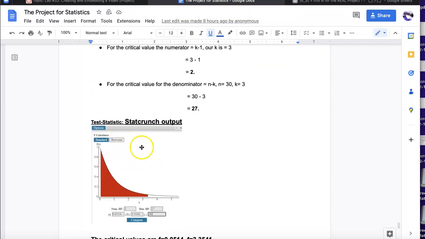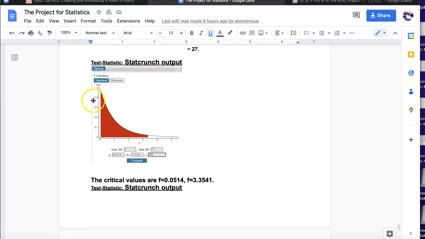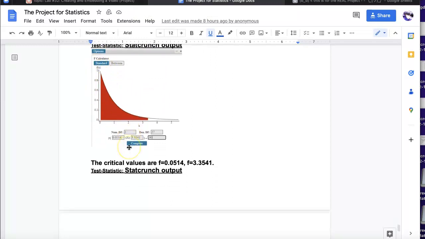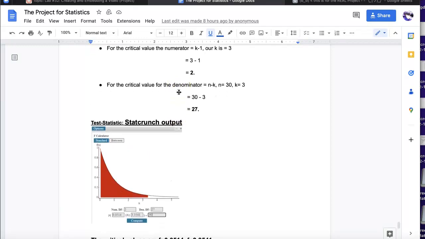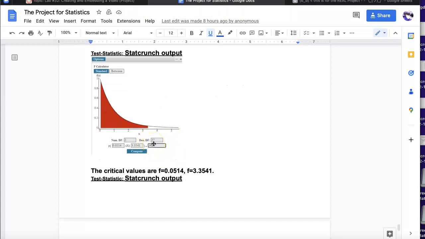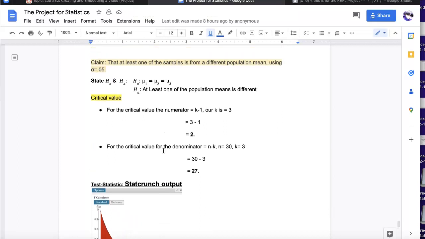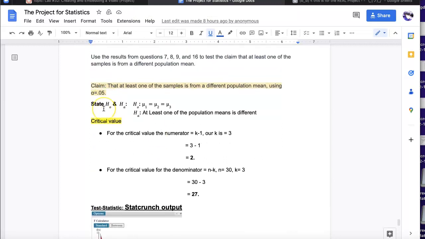To find the test statistic, we used a StatCrunch output. We used the F calculator, and we plugged in our numbers and our degrees of freedom and confidence, because we said that we were using 0.05.